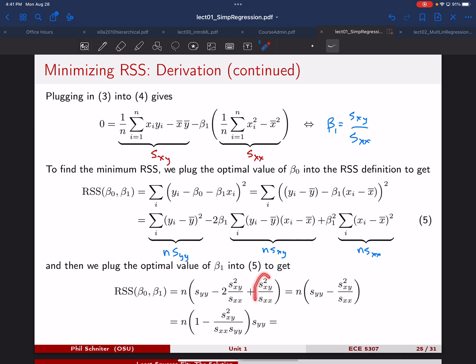So that will give us this. Now we see that actually these two terms here are the same. It's just the first one is scaled by minus 2. So together they give us this. And to make things a little cleaner, we can pull out the SYY, bring it to the outside. First term is a 1. Second term is this, which might look kind of familiar.